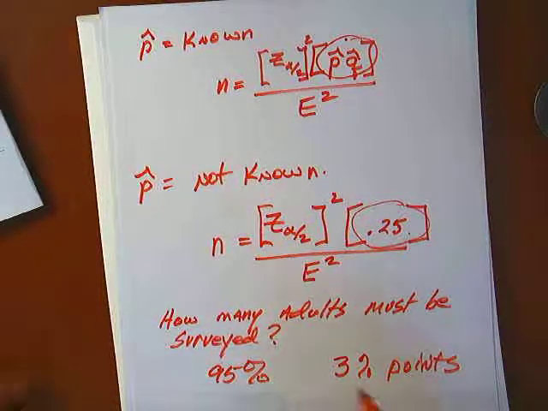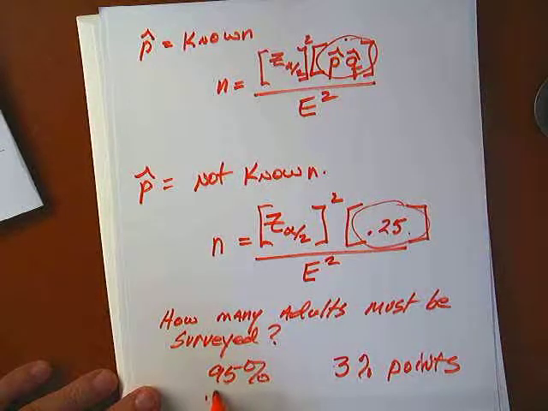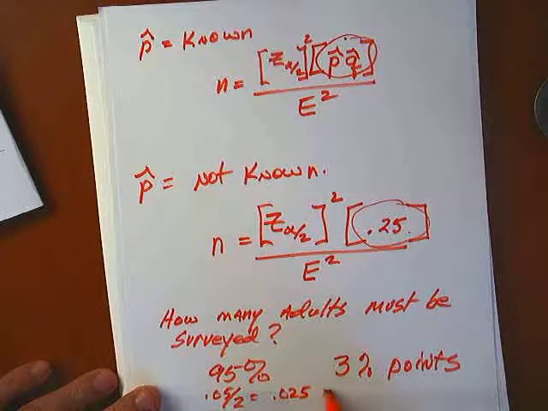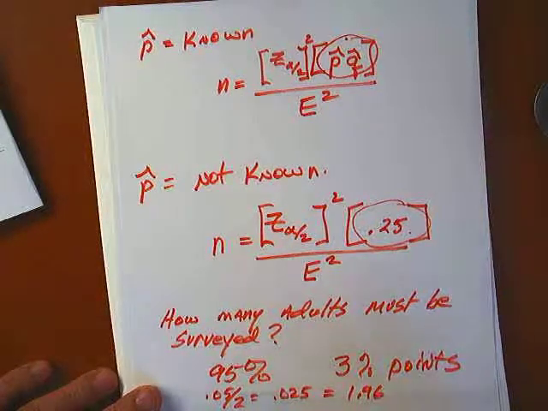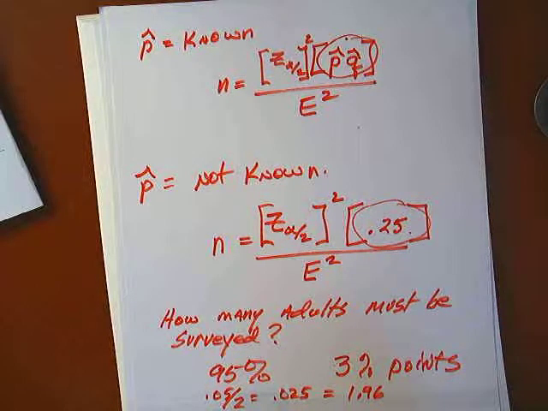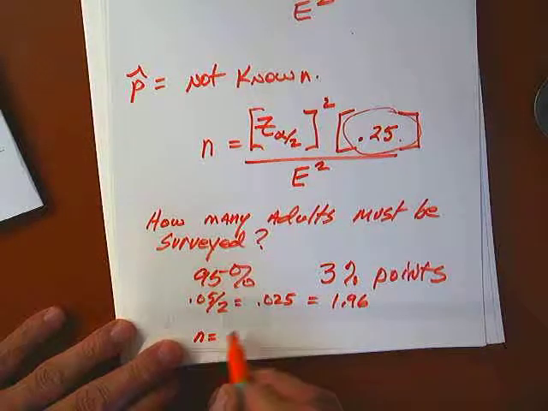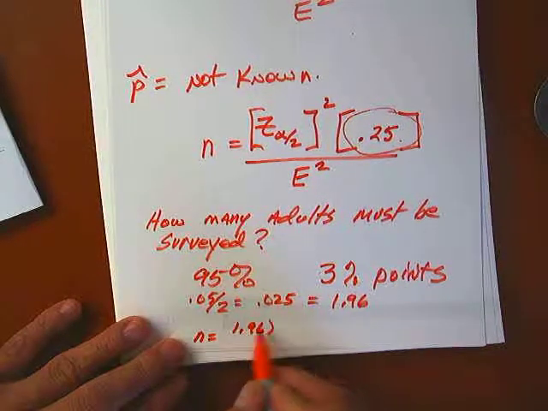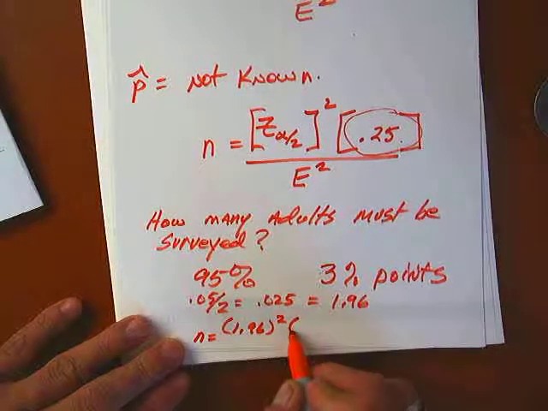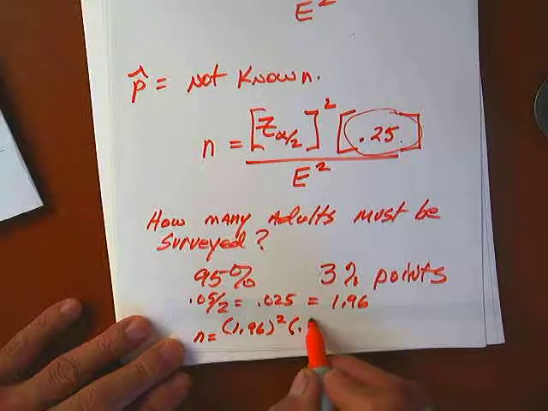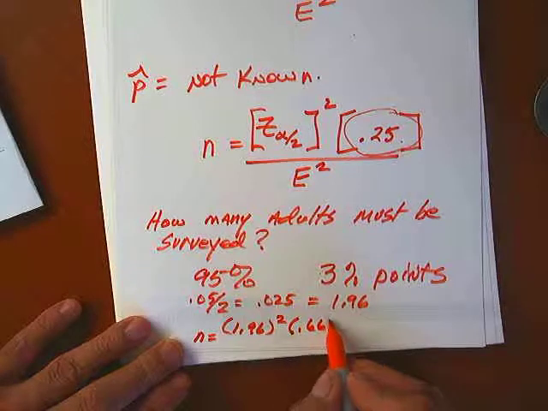How many adults must be surveyed in order to be 95% confident that the sample percentage is in error by no more than 3 percentage points? So 95% confidence that your sample percentage is in error no more than 3 percentage points.